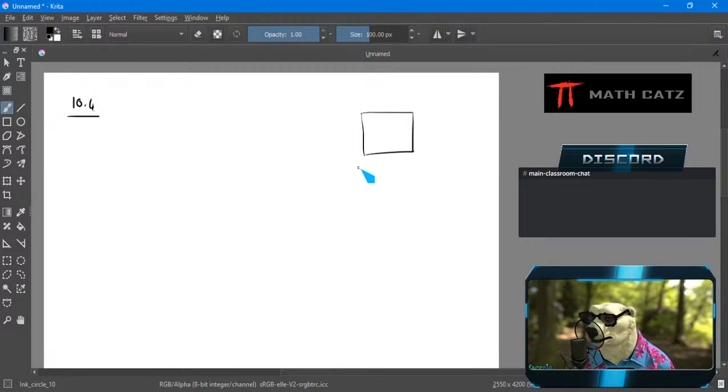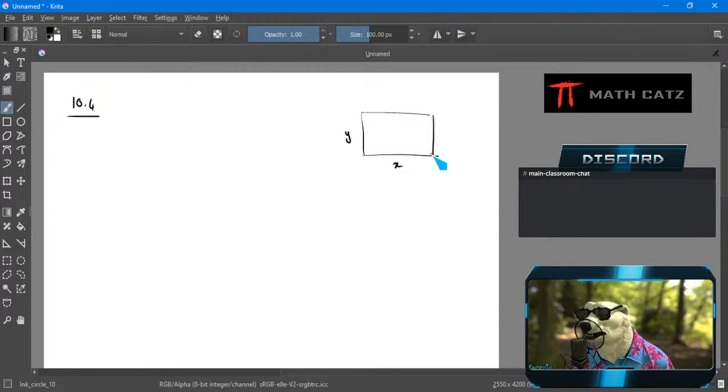I'm working with a rectangular garden. So I'm going to have to define variables for the length and the width. So let me call this X and that's Y. I'm just planning right now.